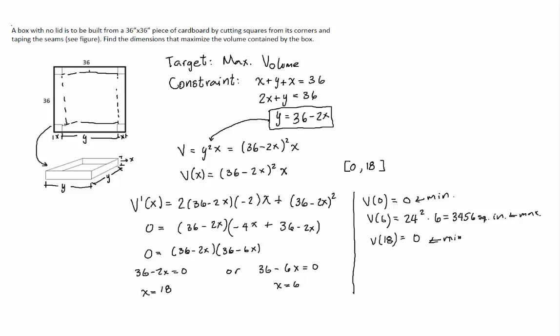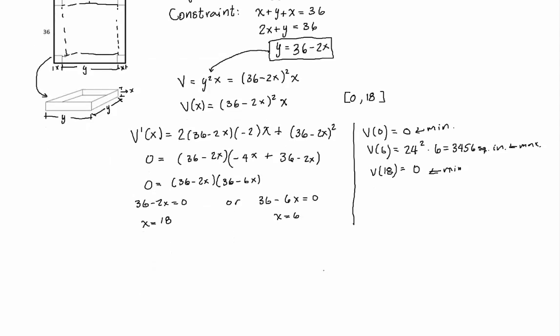So what are the dimensions that maximize the volume? Well, the resulting box would be, let's draw it here. The height would be 6. Y would be 36 minus 12, which is 24.